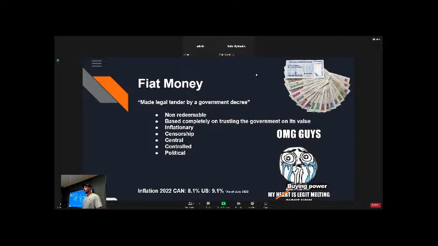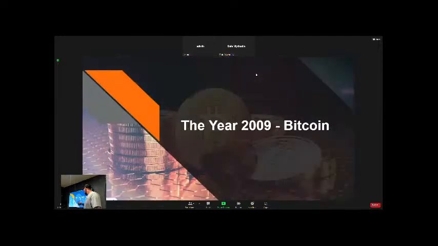It takes away your purchasing power, right? So inflation in 2022, as of this month, Canada's at 8.1%, and the US is at 9.1%. So that's almost 10% of your buying power that's disappeared this year.